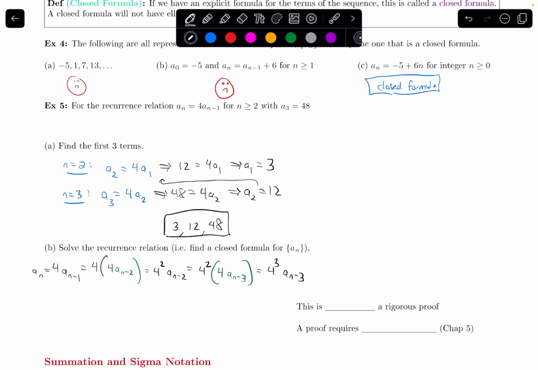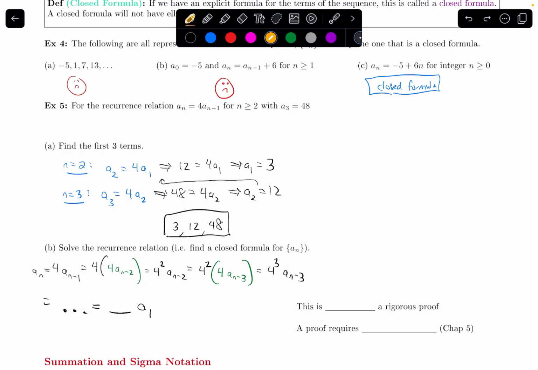I could keep going like that, popping up more powers of 4 and making the subscript smaller and smaller. Eventually I'll get to a1, because a1 is the first term of the sequence, as we saw in part A. But what's going to be the thing in front? I know it's 4 to some power.